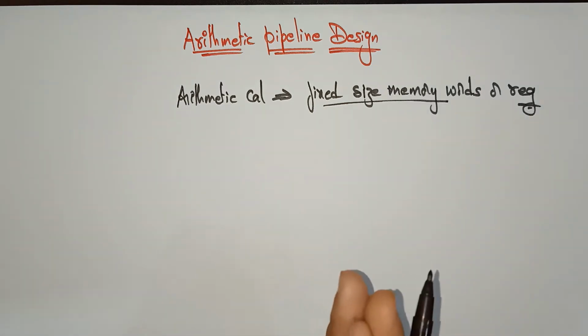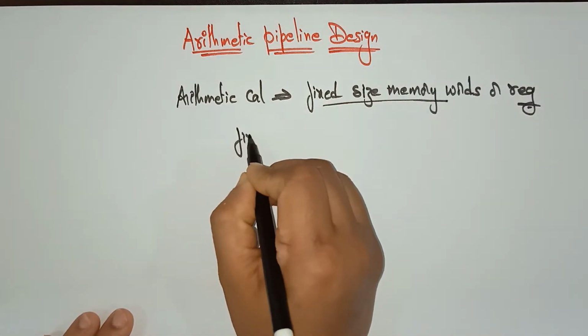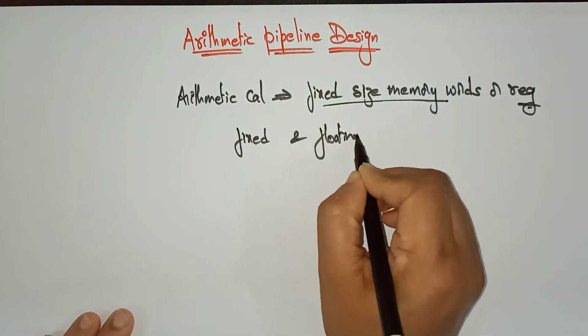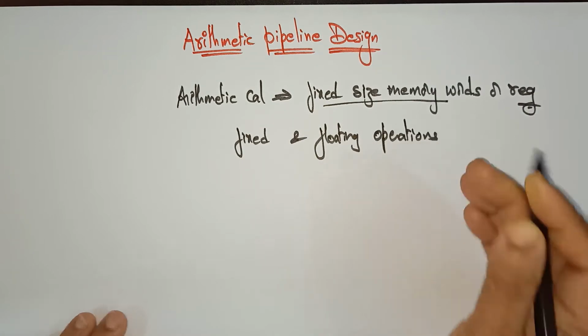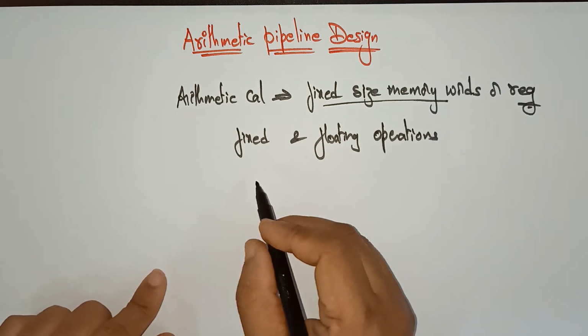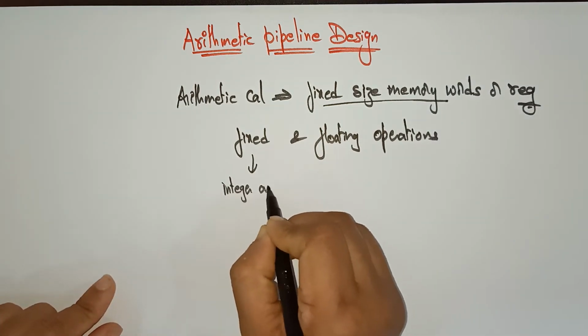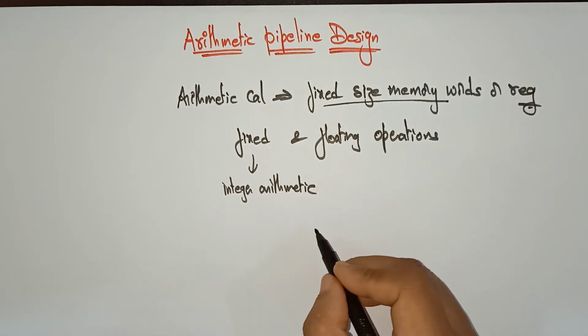Now, whatever modern processor that we are using, it consists of fixed and floating operations. Floating point operations are performed by modern processors. Fixed point operations are nothing but what you also call integer arithmetic.